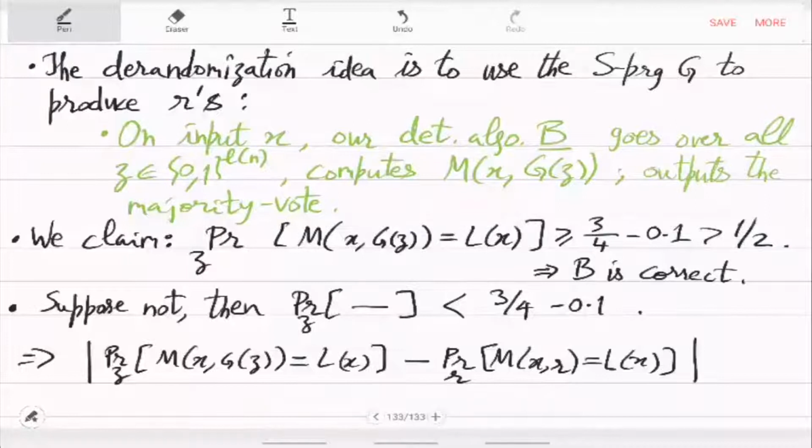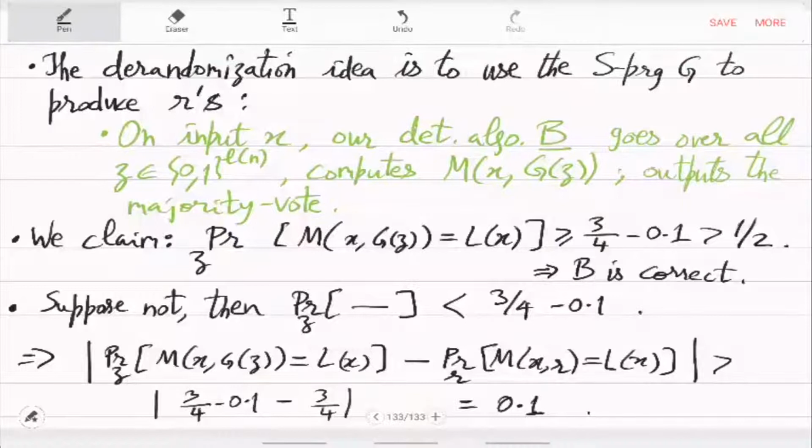You are saying on one hand that the probability over Z is less than 3/4 minus 0.1, and on the other hand that the probability over R is more than 3/4. So this difference is larger than 3/4 minus 0.1 minus 3/4, which is equal to 0.1.